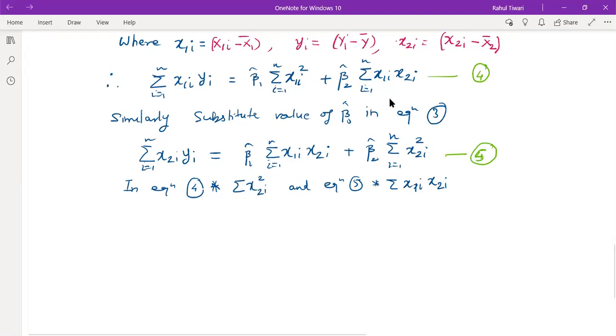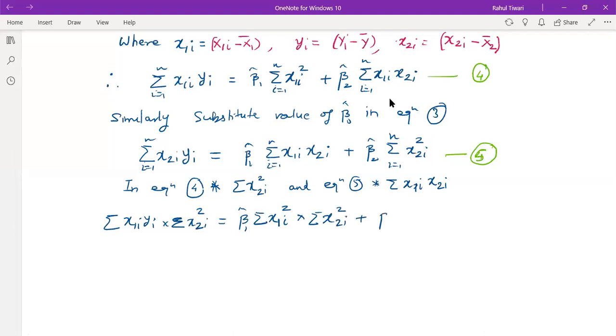This is going to be summation x1I yi into summation x2I square, equal to beta 1 hat summation x1I square into summation x2I square, plus beta 2 hat summation x1I x2I into summation x2I square.